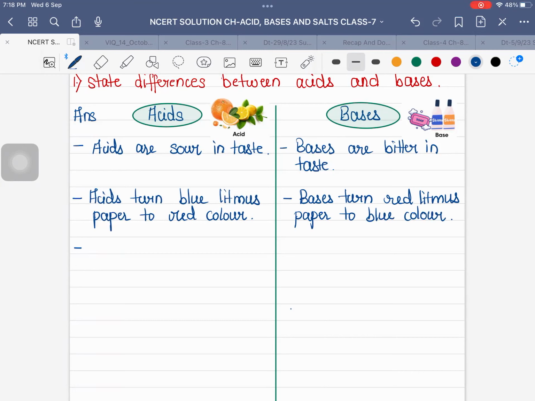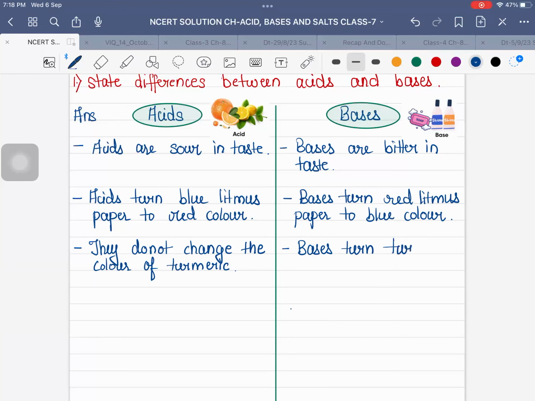Acids do not change the color of turmeric. Bases turn turmeric to red color.